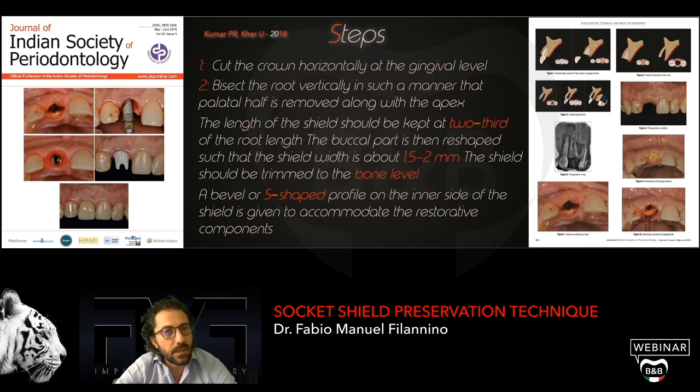The first step is to cut the crown horizontally at the gingival level, and then with a surgical drill we can bisect the root vertically in the mesiodistal direction to separate the root. Our goal is to keep the lingual part of the root, with the apex away from the site.